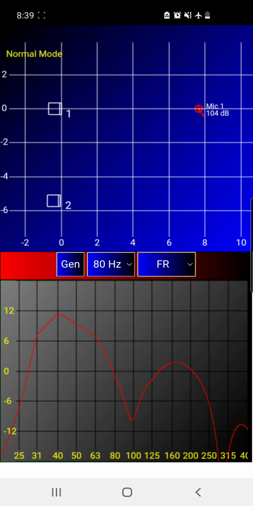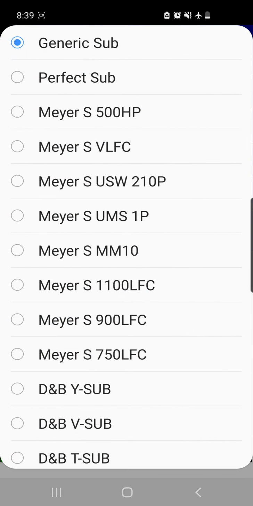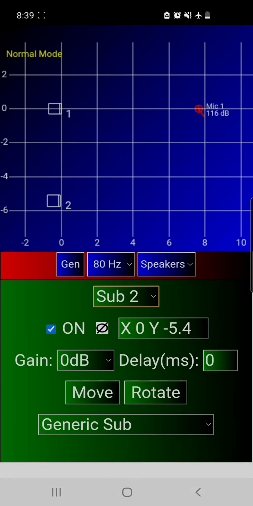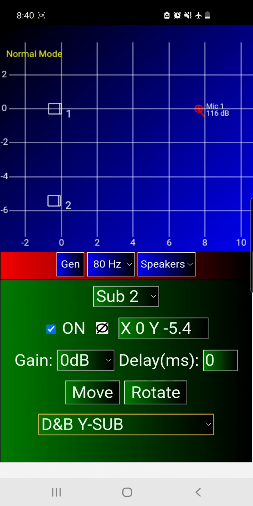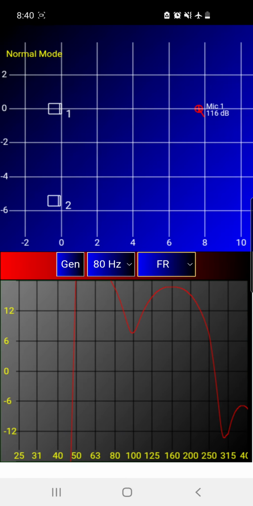Okay, let's try another one. DMB Y sub. So number 2, DMB Y sub. And what happens with the frequency response? Look at that. There you go.